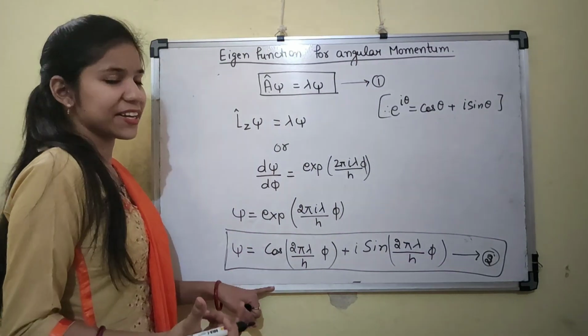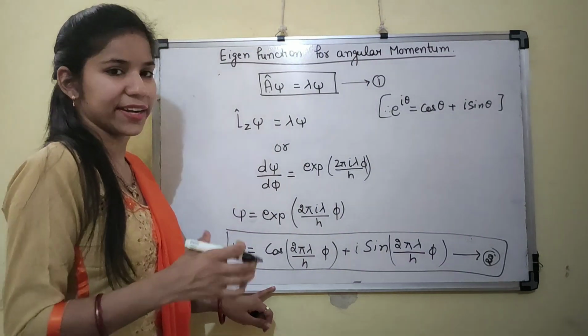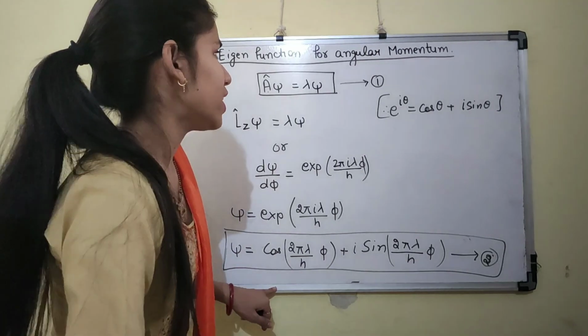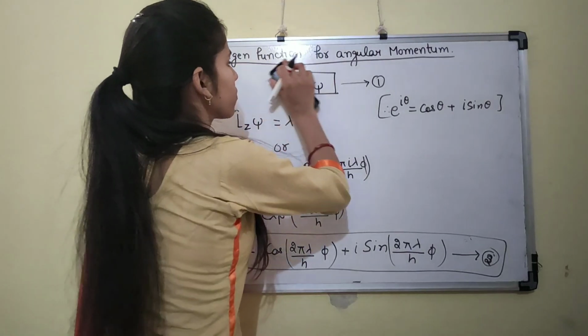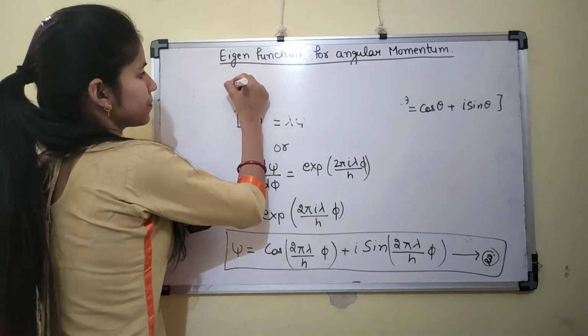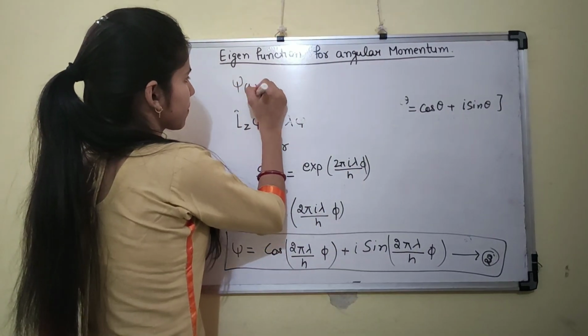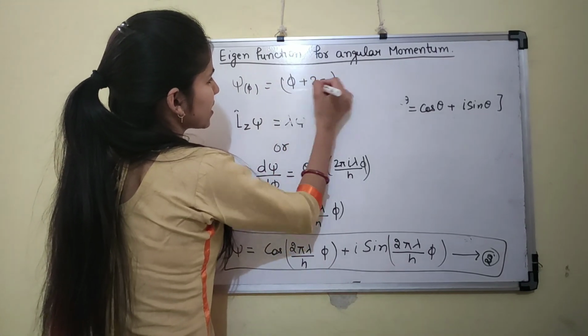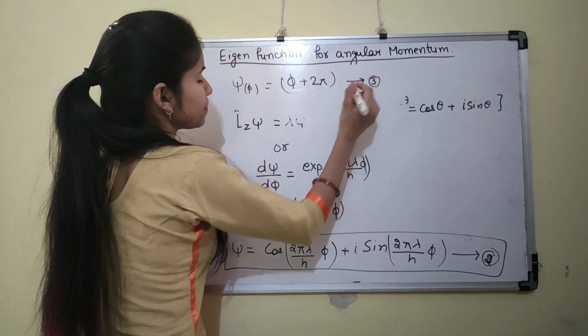Now we are taking psi 1 and psi 2, and in this psi is a single valued function. So the value of psi of phi equals psi of phi plus 2 pi, and this is our equation number 3.